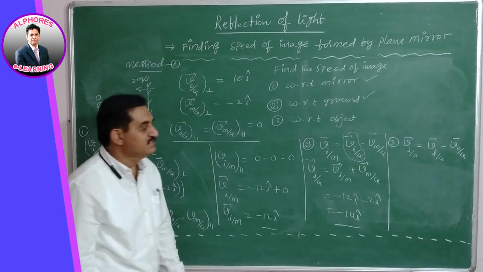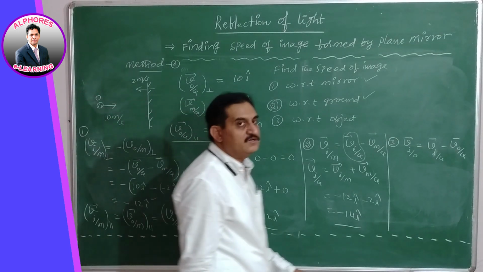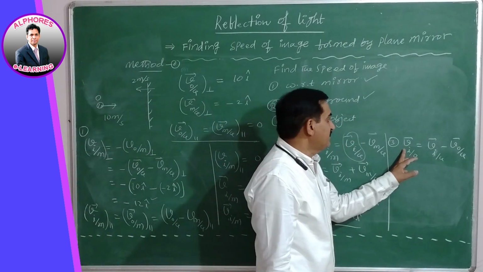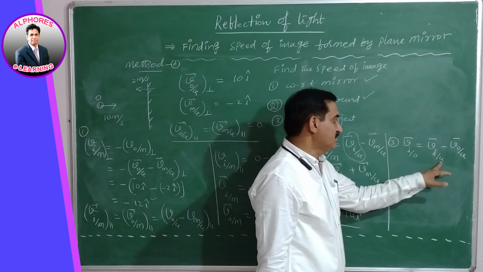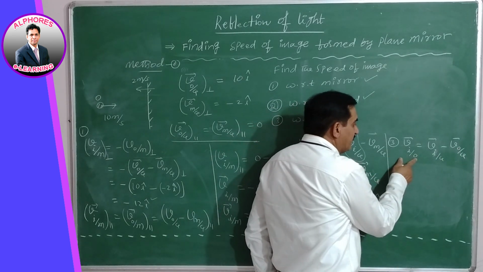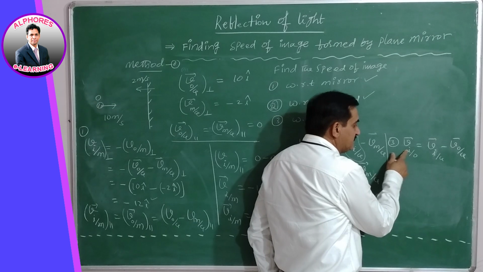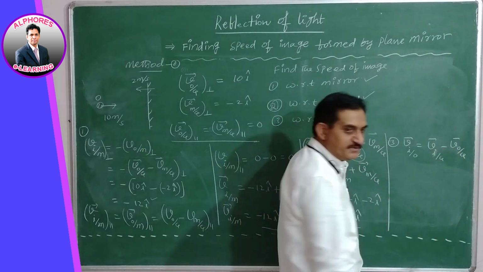The next, third one, is speed of image with respect to object. Again go for the relative velocity formula. Speed of image with respect to object equals speed of image with ground minus object with ground. Image minus object, both are absolute values with respect to ground.